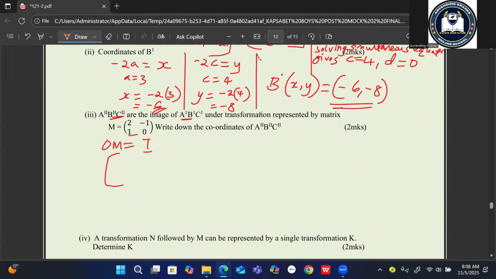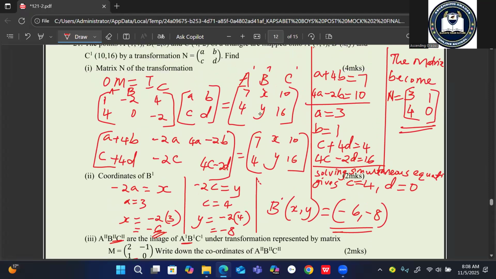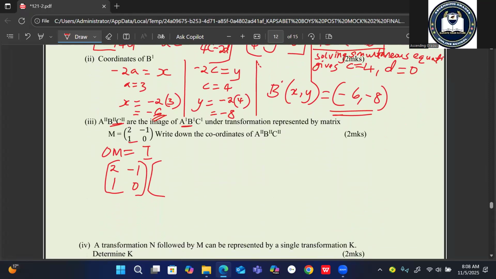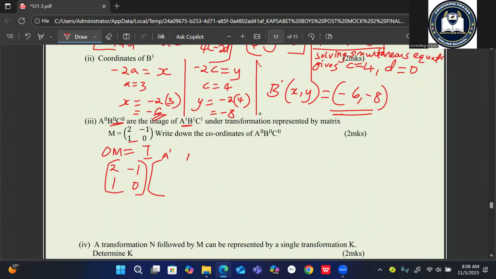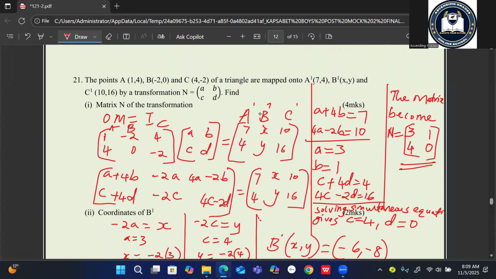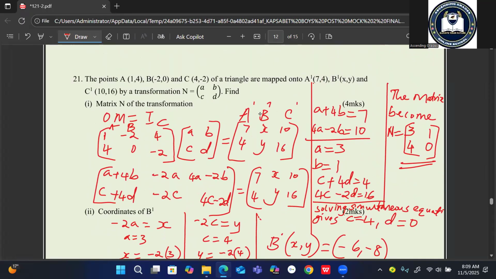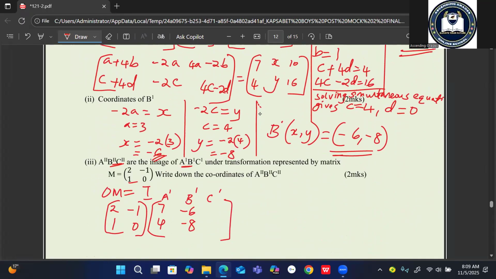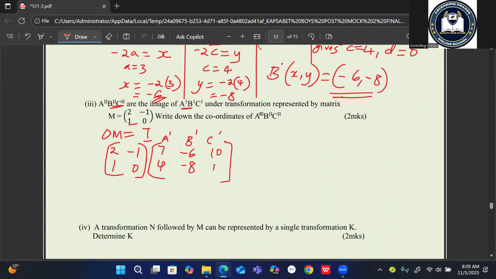So our matrix is 2, 1, negative 1, 0. And our object was 7, 4, that is A prime, B prime, then C prime. A prime is 7, 4. B prime is -6, -8. C prime is 10, 16.